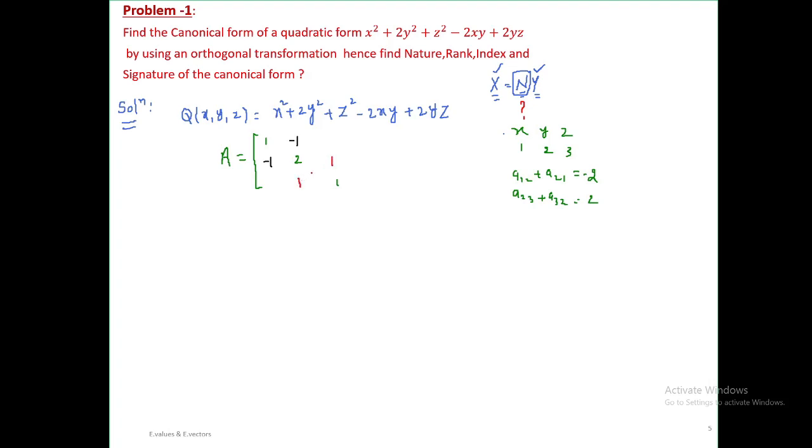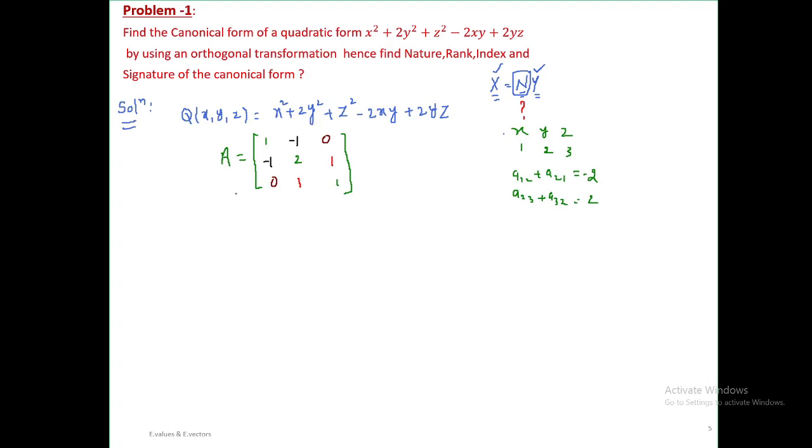Next, these two are left: a13. 13 means x into z. X into z is absent, therefore 0, and y into z also 0. So this is the associated matrix of this quadratic form.